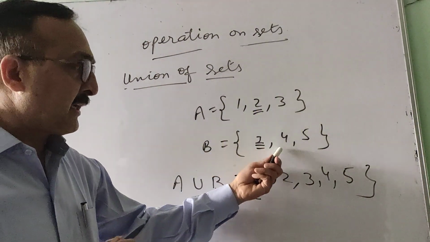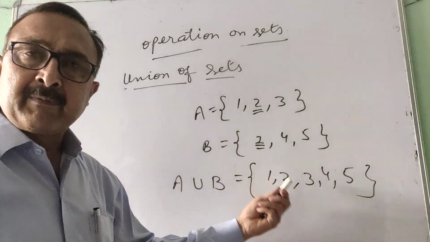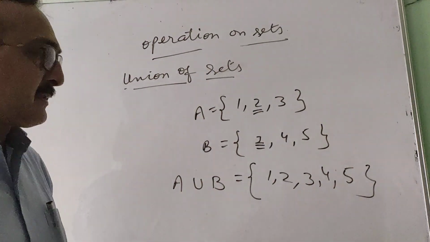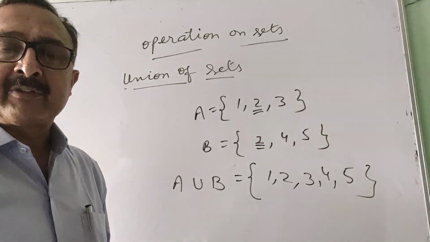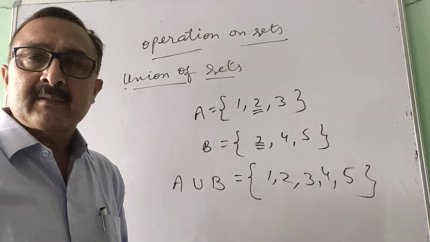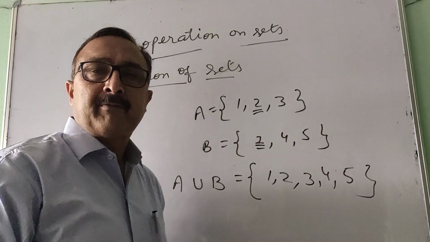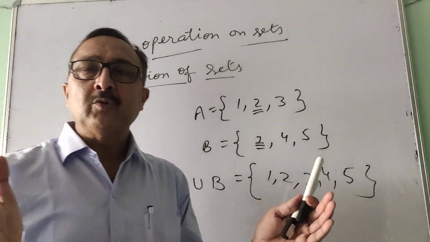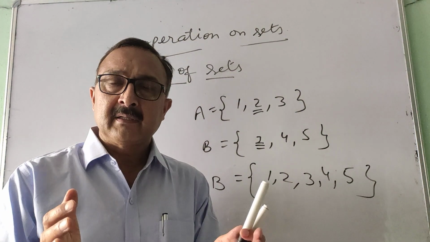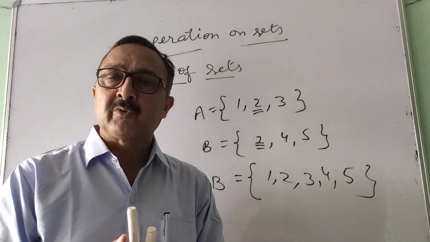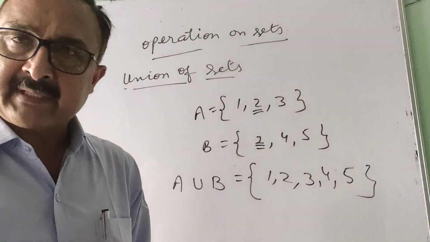The reason is that one element is a common element. So this is known as union of sets: 2 or more than 2 sets clubbed together.